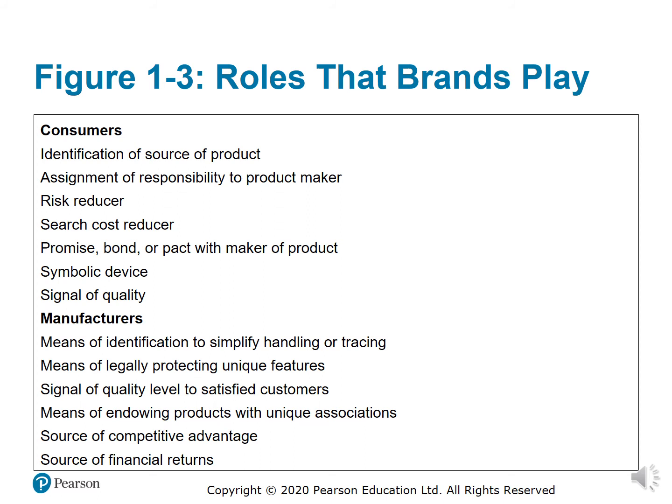Roles to the consumers: identification of source of product, assignment of responsibility to product maker, risk reducer, search cost reducer, promise, bond, or pact with maker of product, symbolic device, and signal of quality. And to the manufacturer: means of identification to simplify handling or tracing, means of legally protecting unique features, signal of quality level to satisfied customers, means of endowing product with unique associations, source of competitive advantage.